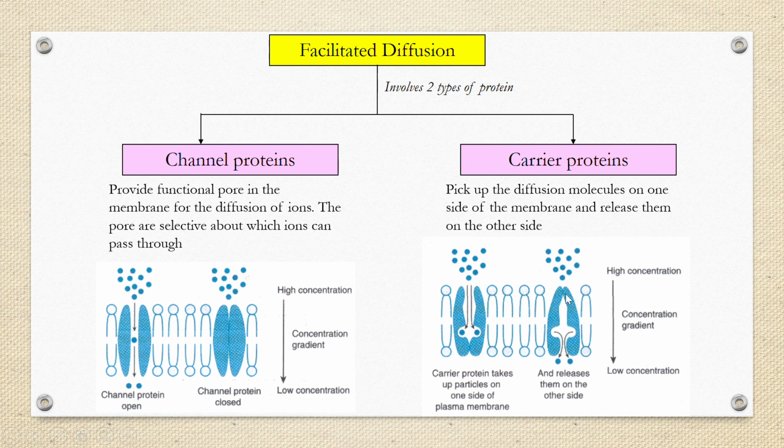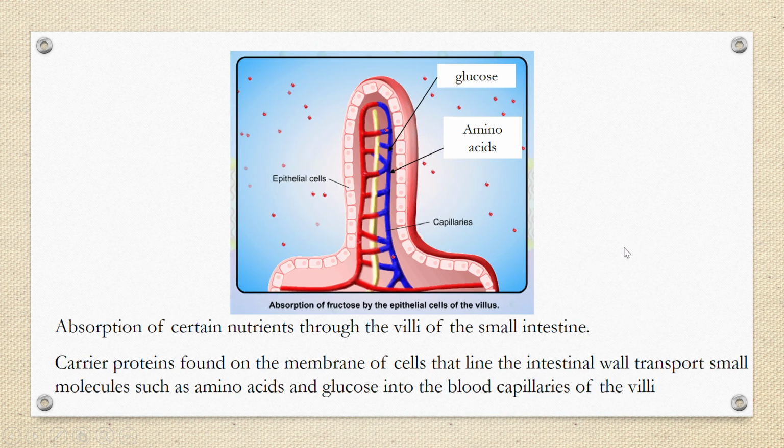So this carrier protein plays the role of picking up, and then opening up to release at the other side. It still doesn't require any energy, and it is still down the concentration gradient. These molecules bind to the certain binding site of the carrier protein that is complementary. They recognize it, and the protein helps to release them on the other side. Okay, this is an example.